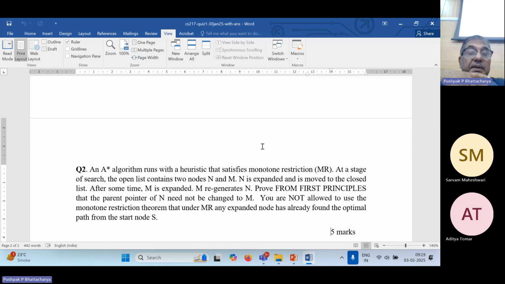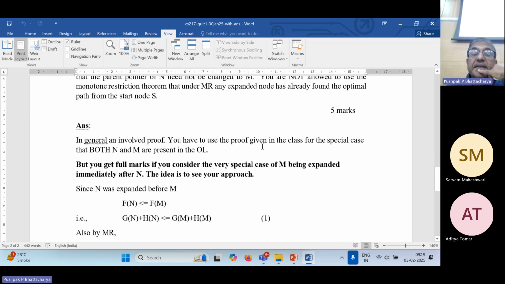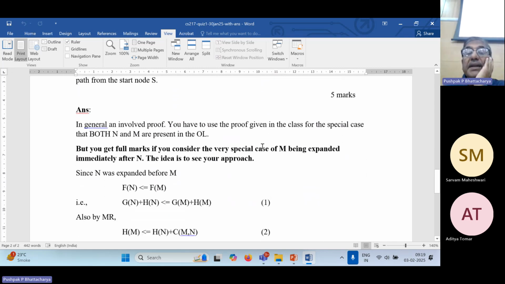Prove from first principles that the parent pointer of N need not be changed to M. You are not allowed to use the monotone restriction theorem that under MR, any expanded node has already found the optimal path from the start node S. A very special case is this, that M is expanded immediately after N. Even that has subtlety. And you get full marks if you do this very special case. Okay, with a bit of liberal evaluation this time.